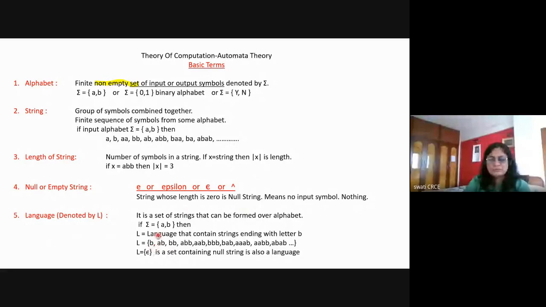Depending on the language, it can also have an epsilon null string as a part of the language. But for this first problem, it is not epsilon, because the string should end with letter b. So the minimum length of the string is b.